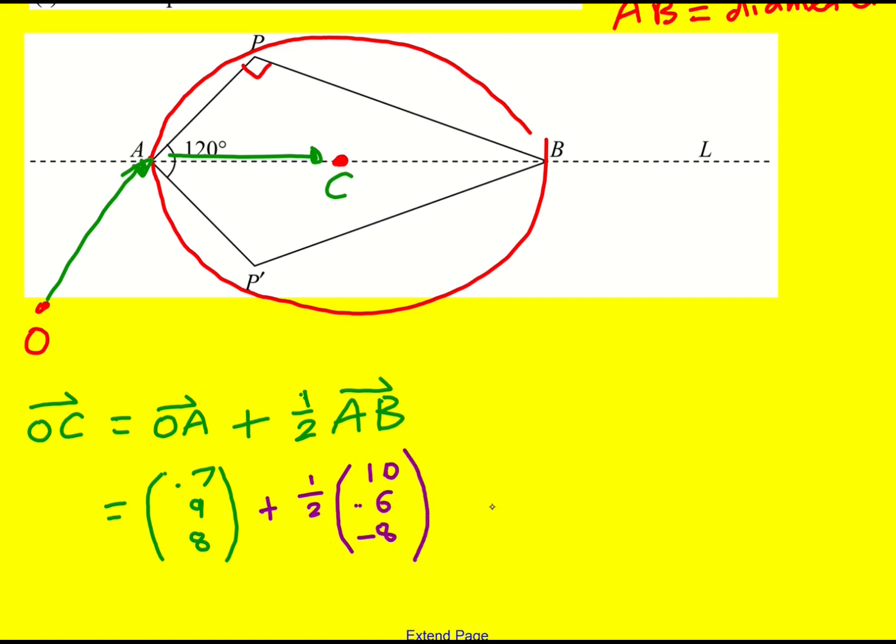Thanks for sticking with me here because I'm having a bit of a nightmare with my pen, but I'm so far into this question, I'm going to finish it off. So minus 7 plus 5 gives minus 2. 9 plus minus 3 gives me 6. And 8 plus minus 4 gives me 4. That is the position vector of C.